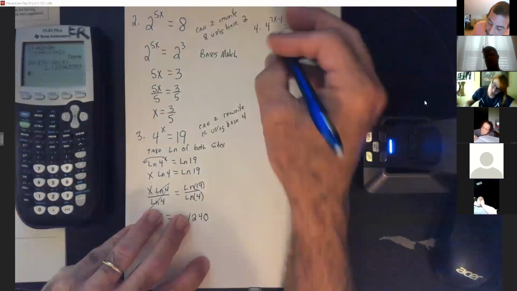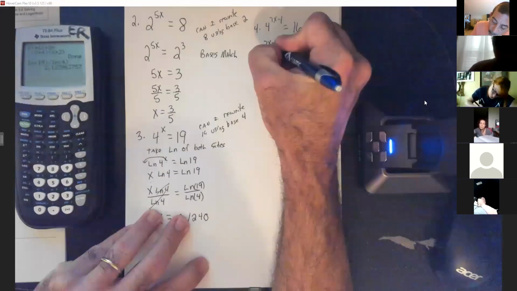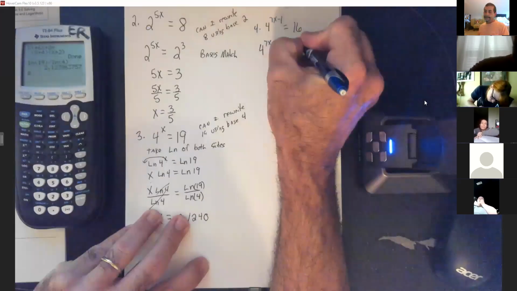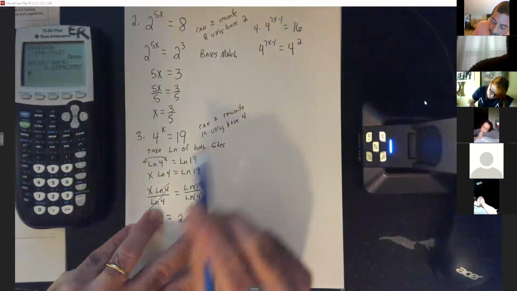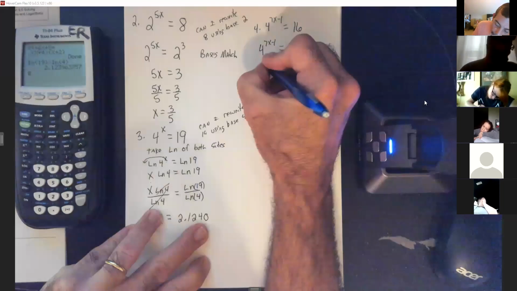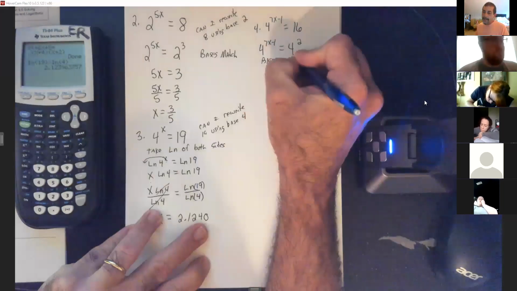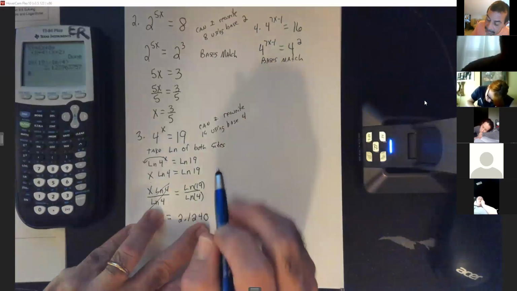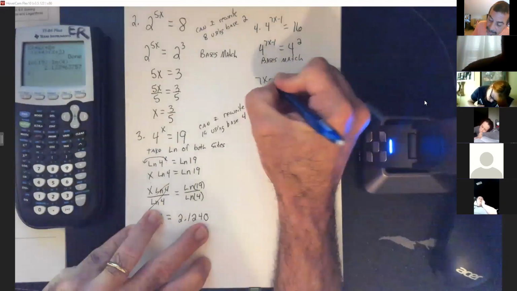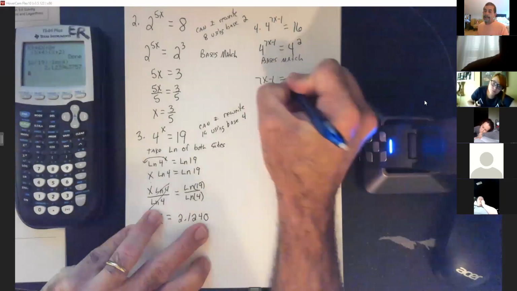So I'm going to bring down that 4 to the 7x minus 1, and that'll equal 4 squared. So now I know what's happening. I got bases that match. So bases match means my exponents are equal. So we know that 7x minus 1 has to equal 2.